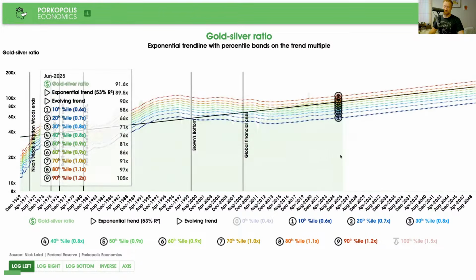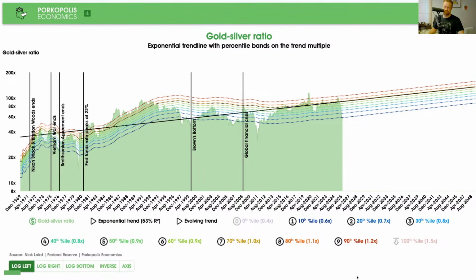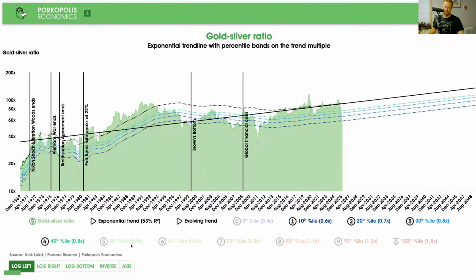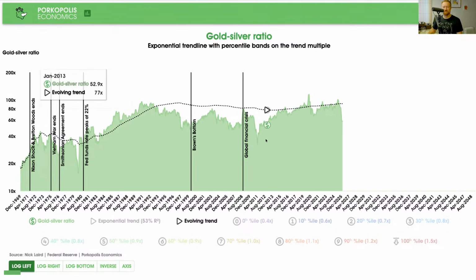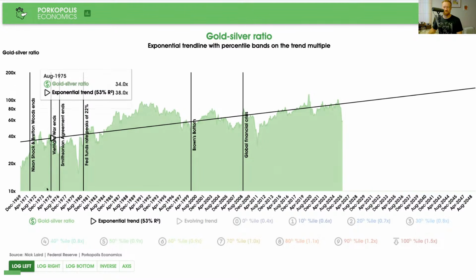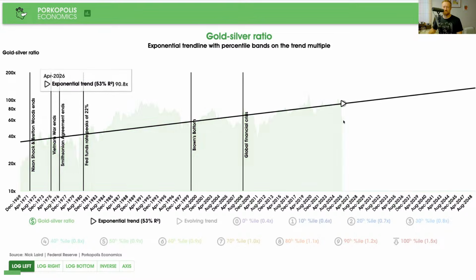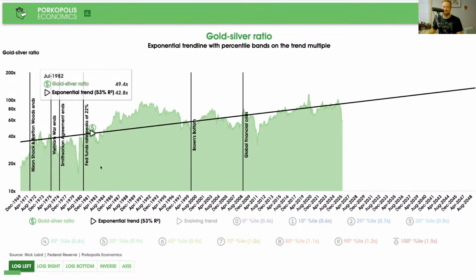This is bad for silver bugs. Basically, the lower this is, the better it is for silver bugs. So as you can see, this dotted line is sort of not as extremely bad as it was here in the 80s. But still, smooth it out. That is the trend.